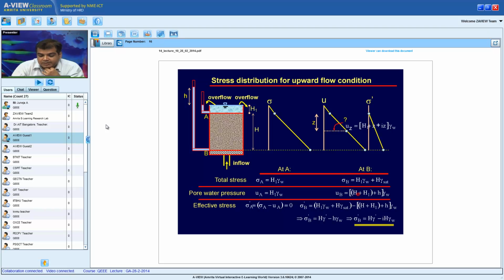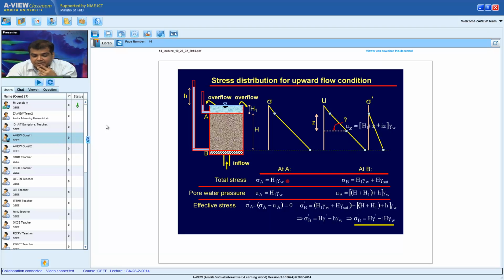That's the second term over here, H plus H1 plus h, times the unit weight of water. That is the pore water pressure at B. It tells me that because of upward flow, the pore water pressure has increased. If you feel this is getting too bogged down and you just want to show it: upward flow, the pore water pressure will increase; downward flow, the pore water pressure will decrease.